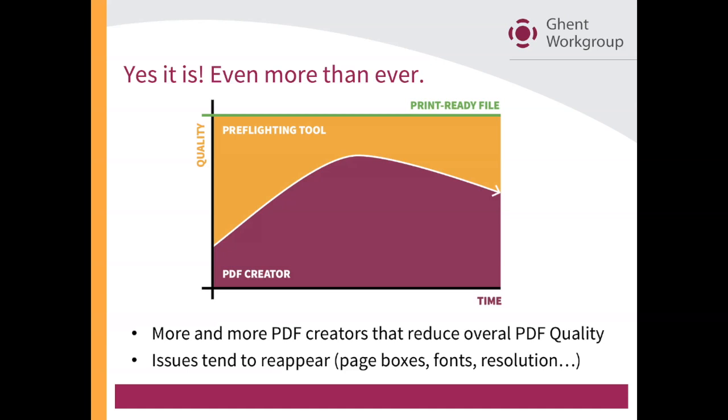You can do nice things that you can share online, but when it comes to printing, you realize that the quality is suddenly starting to decrease again. And so the need for pre-flighting becomes even more relevant than ever, because we went through that peak where we thought we reached maturity, what we could expect from PDF creators. But certainly the quality has decreased.